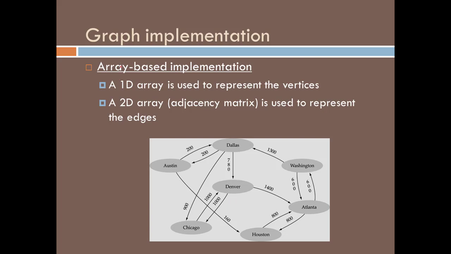So while implementing this graph using the array data structure, we use two arrays: one is a one-dimensional array and the second is a two-dimensional array. With the one-dimensional array we represent the vertices, and with the two-dimensional array we represent the edges, their relationships. How?